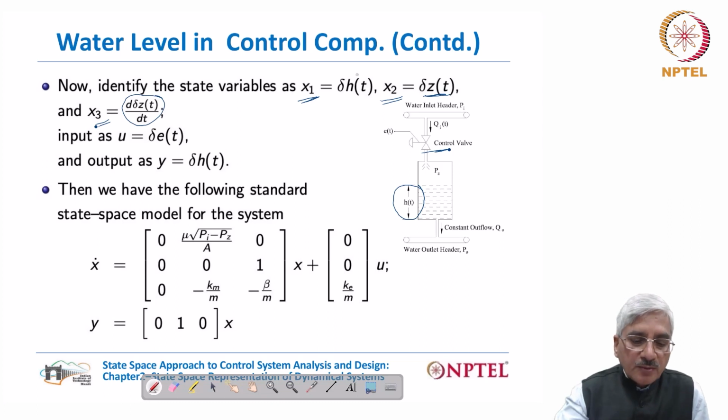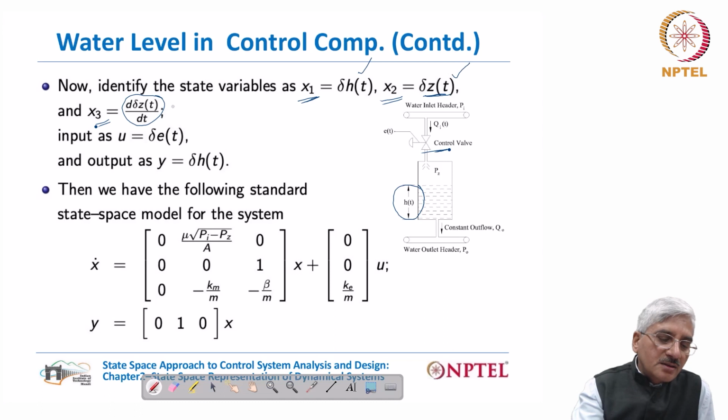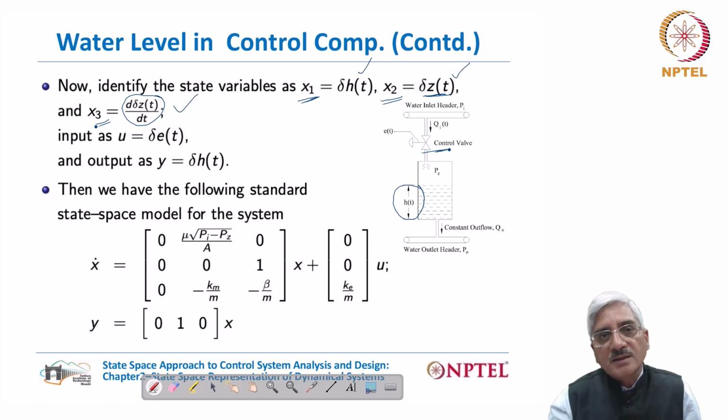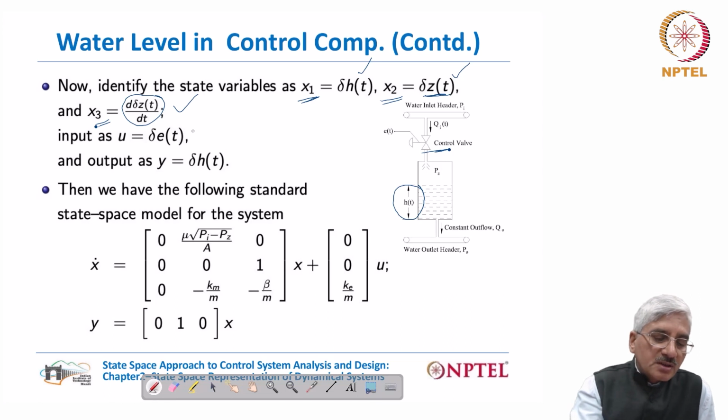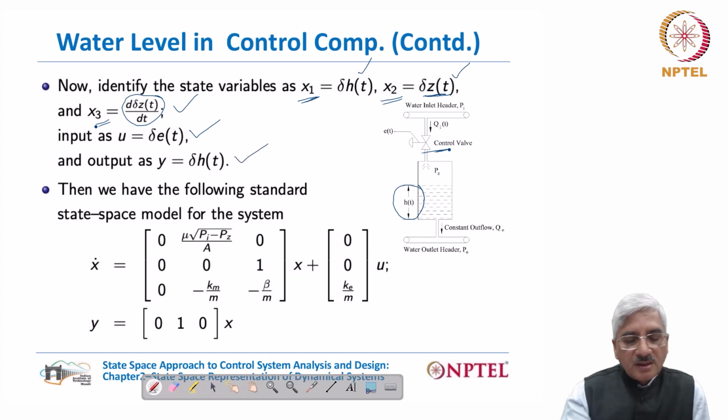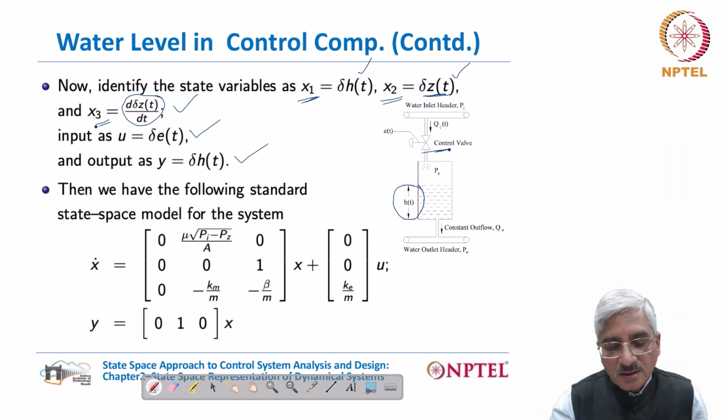So we have x1 equal to delta H, x2 equal to delta Z, and x3 equal to d delta Z by dt. Of course, the input is the applied voltage and the output is the liquid level in the tank, the water level in the zone control compartment.